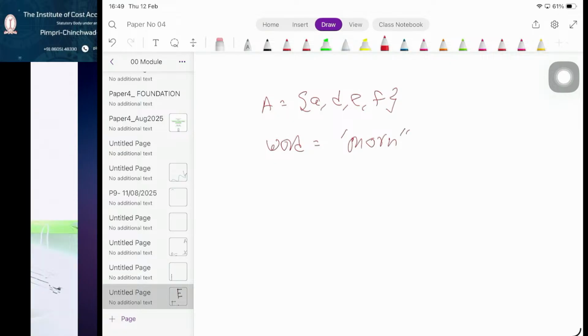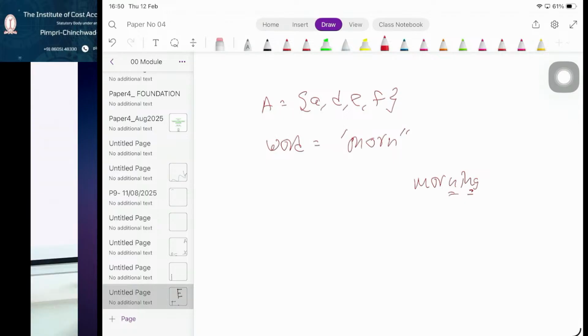I cannot use the word morning as it is because it contains 2 times n, and as per the definition of a set, the member or element should not be repeated. So I can take only the single n.